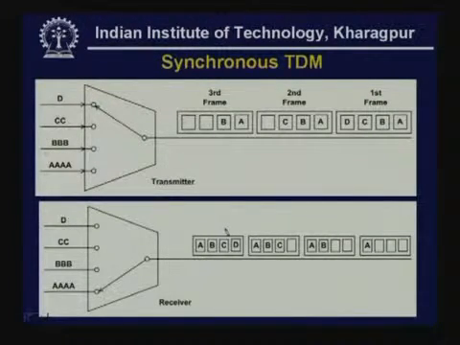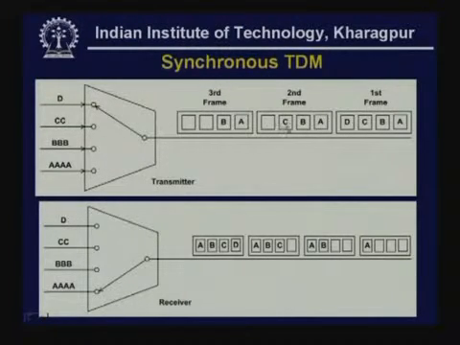Here the synchronous time division multiplexing is shown. As you can see, the data is coming from 4 sources. Here you have A coming from source 1, B from source 2, C from source 3, and D from source 4. Now, as you can see, the first frame has filled up all the slots A, B, C and D. That means first it is taken from A, then from B, then from C and D. So, all the slots of the first frame are filled up.